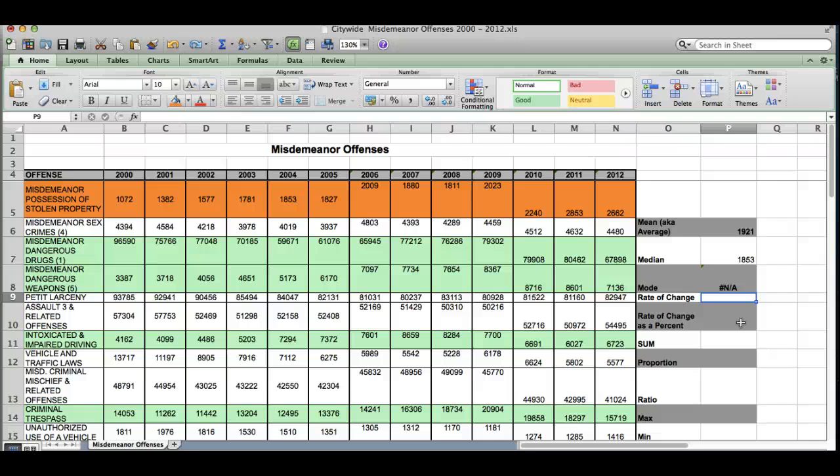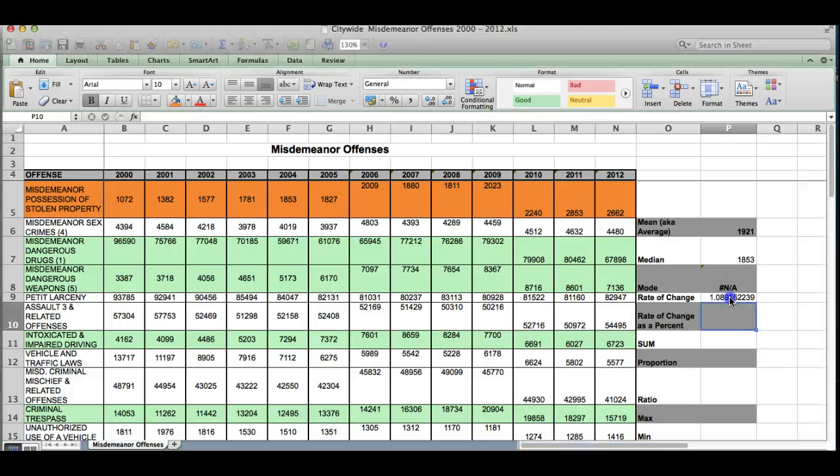So to do that, if we're looking at, let's say, 2000 and 2010, we will do equals, open parentheses, this is the new value, 2010, minus 2000, which is the old value, close parentheses, divide, and then select the old value again, 2000, enter. So the rate of change was 1.08.